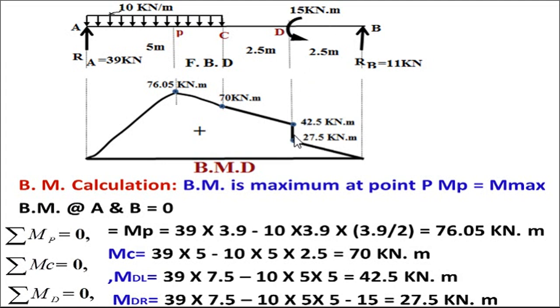So here there must be a difference of 15, 42.5 minus 27.5. If you take moment from B, 11 into 2.5, you will get 27.5.